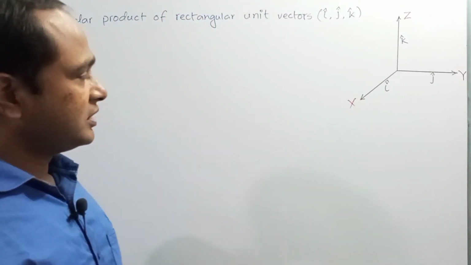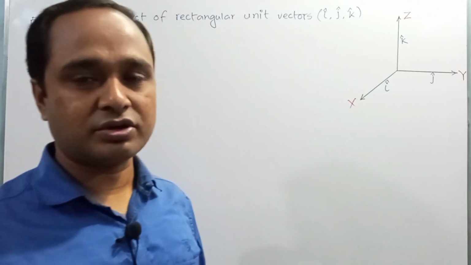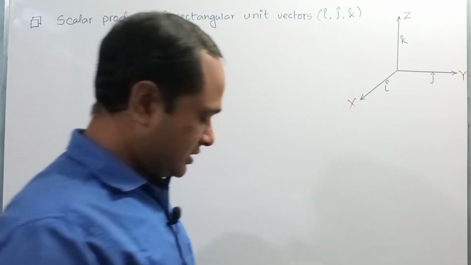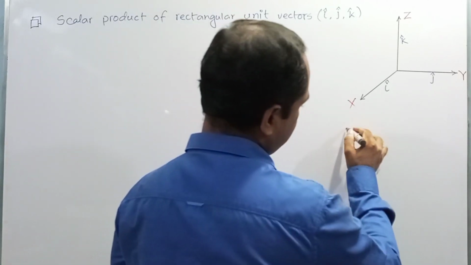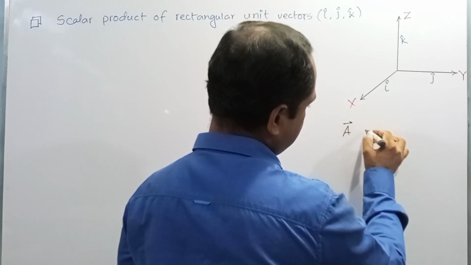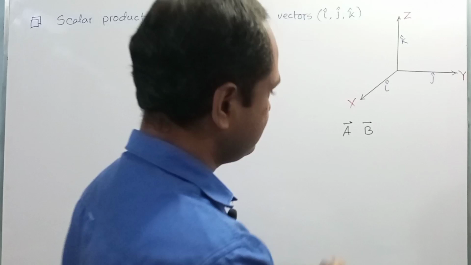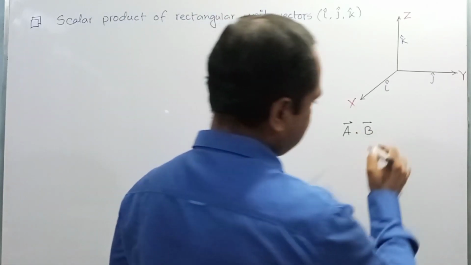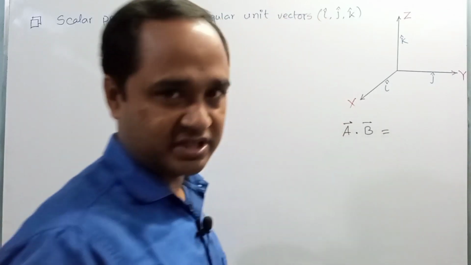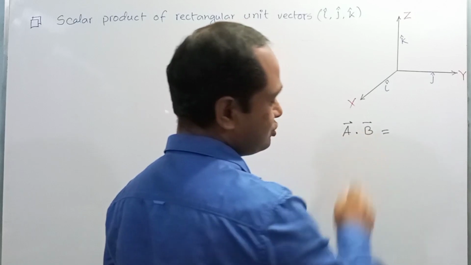You know, in your previous lecture you have already learned the dot product of two vectors. If two vectors are denoted by a and b, and we would like to get the dot product of the two vectors, then the result will be a scalar quantity, and its value depends on the magnitudes of the two vectors.